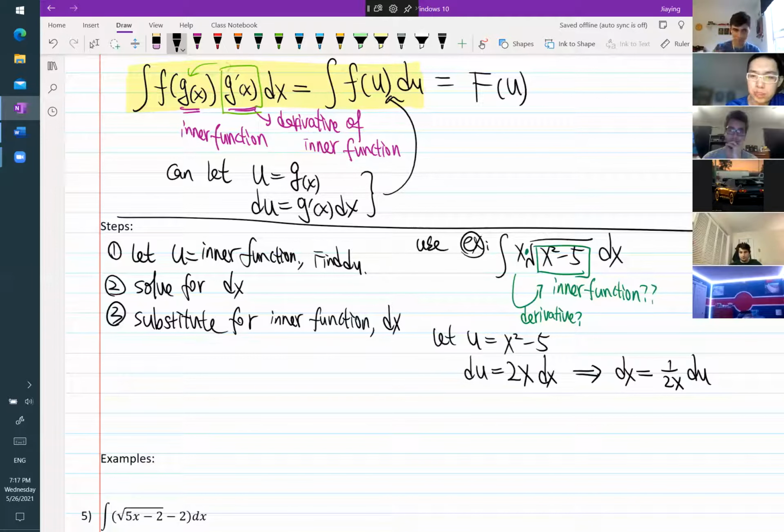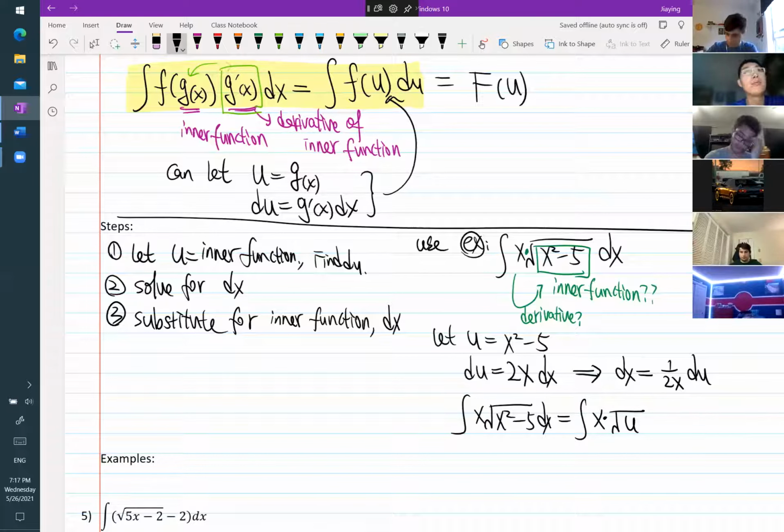So the integral we have, x square root of x squared minus 5 dx, becomes the integral, the x is still there, but the square root of x squared minus 5 becomes square root of u. And then the dx becomes 1 over 2x du.